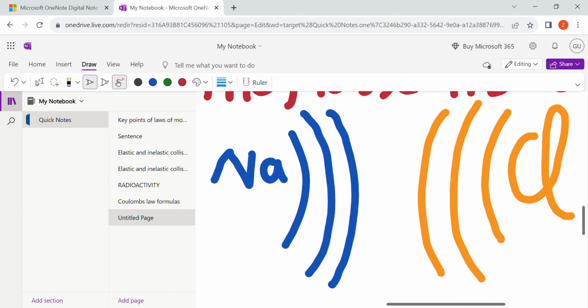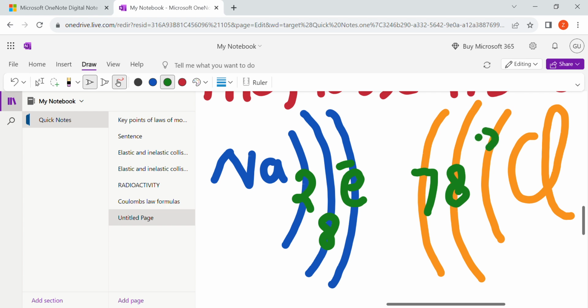We have 2 electrons, we have 8 electrons, and we have 1 electron. We have 7 electrons over here, 8 electrons over here, and 2 electrons over here. Sodium will give this electron to chlorine, so it will get a positive sign and chlorine will get a negative sign.